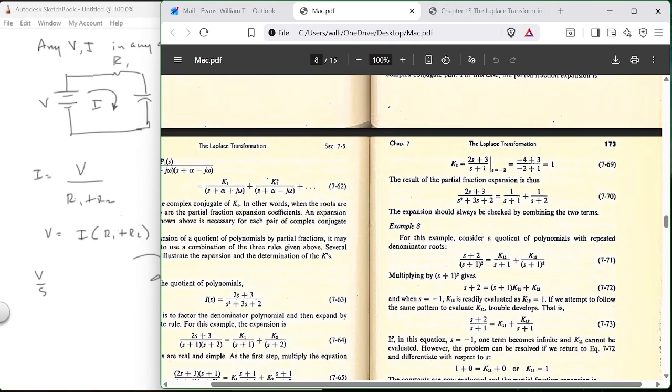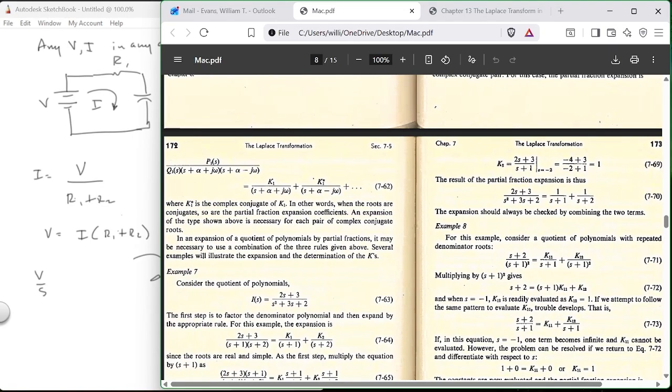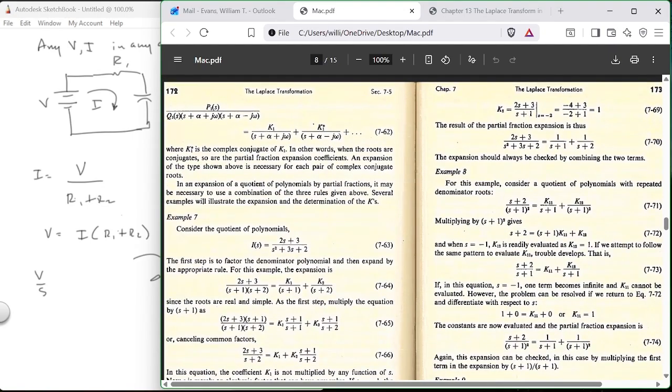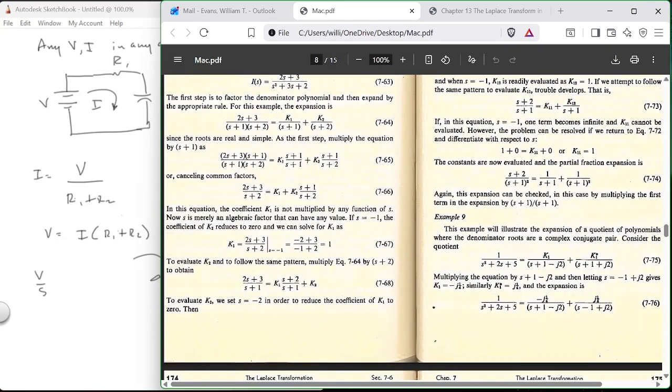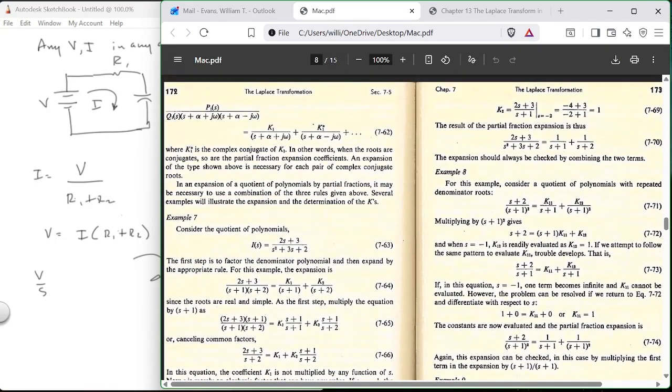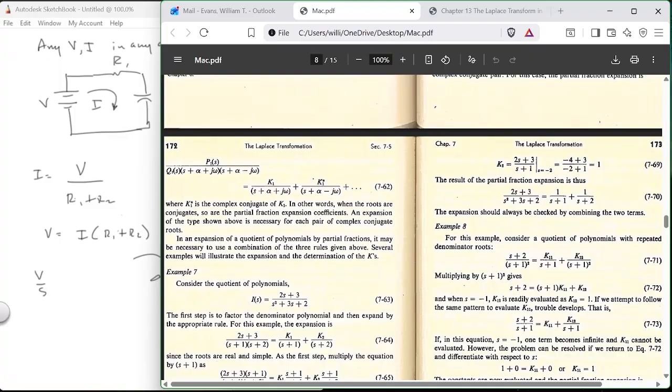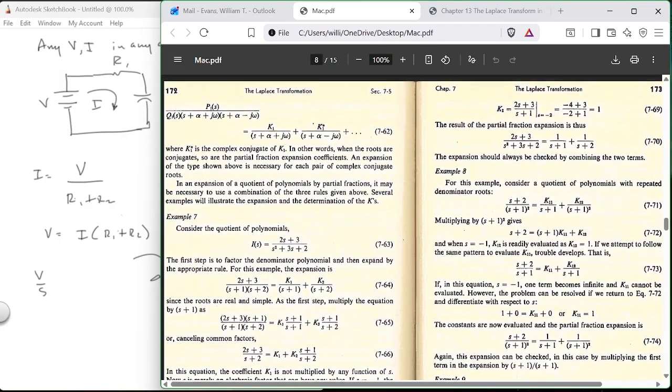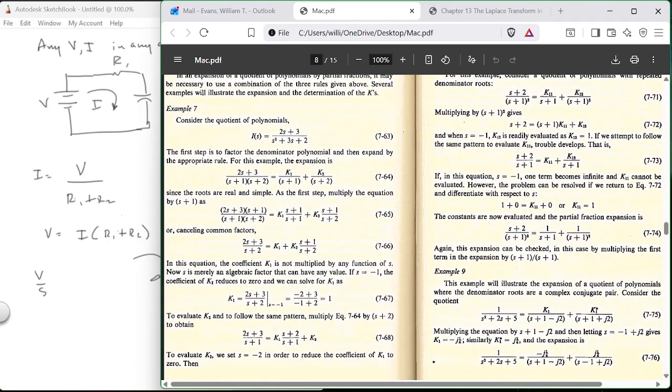Now, if it is a complex number, in other words, if it's factorable, you can factor it. But if it is a complex factoring, in other words, if you have to expand it like this, s squared plus 2s plus 5, what are the factors of that?